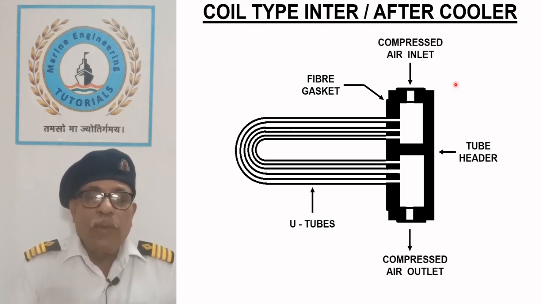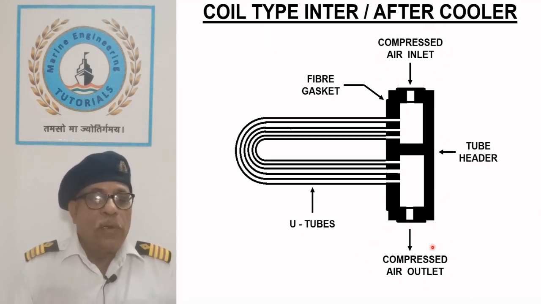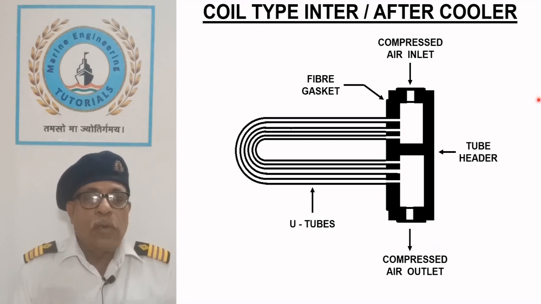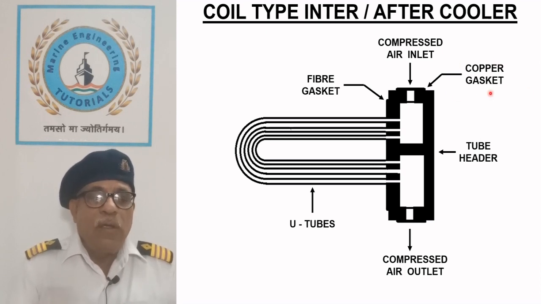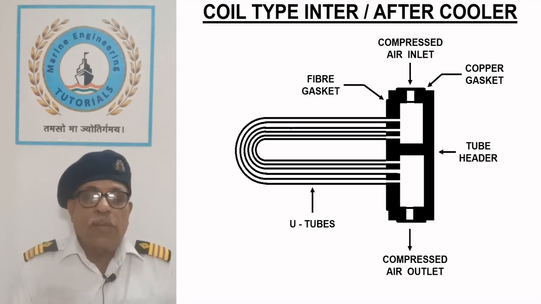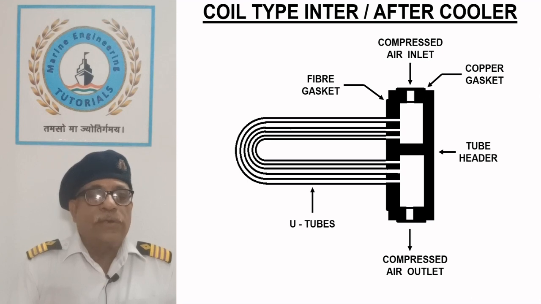Compressed air enters and leaves the tube header from the respective connections. Sealing at the air connection is provided by annealed copper gaskets. This completes the study of shell and tube type heat exchangers.